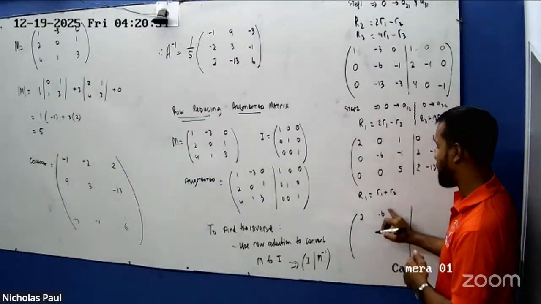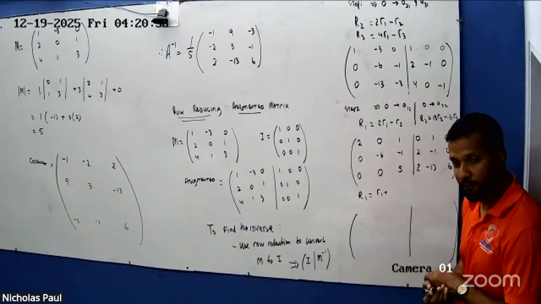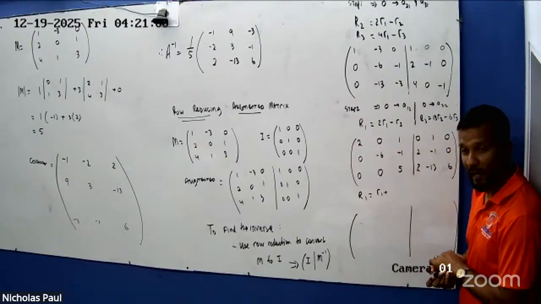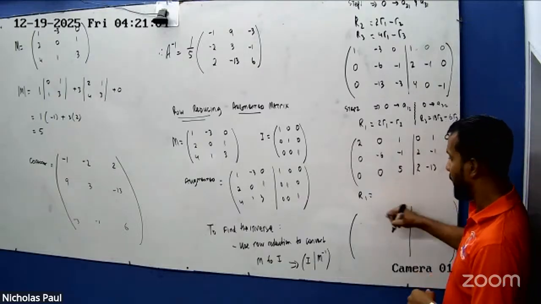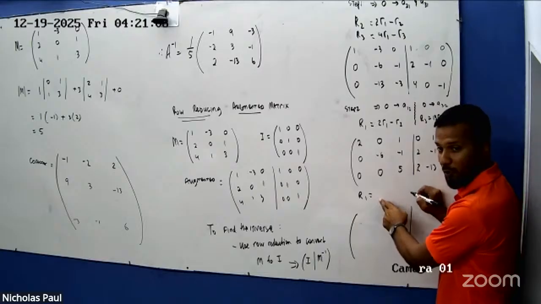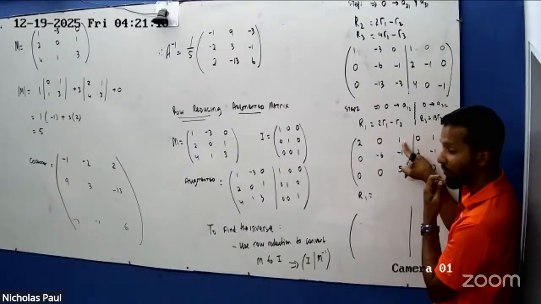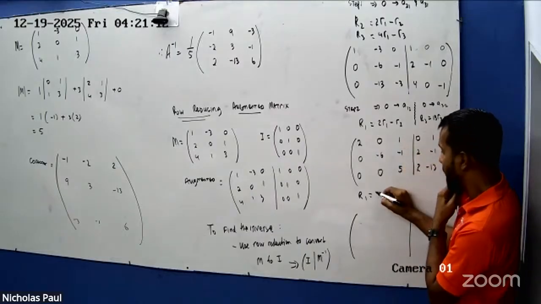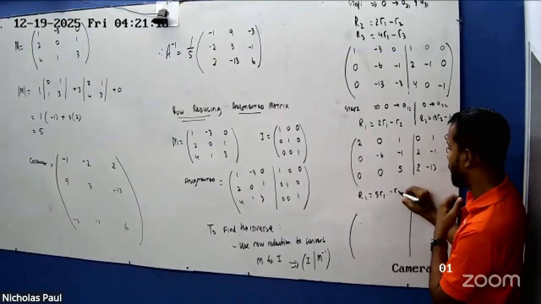So what I'm trying to show you now is which row should I use? The last row, very good. Row 3. Right? So row 3 is what to do to get a 0? 5 by this. 5 row 1 minus row 3.